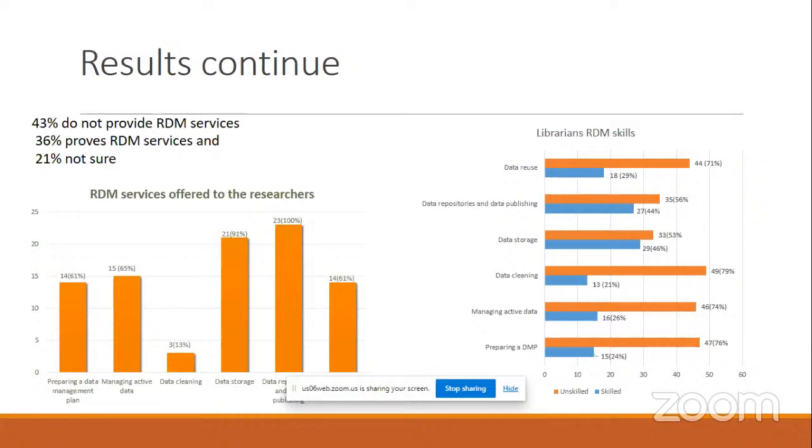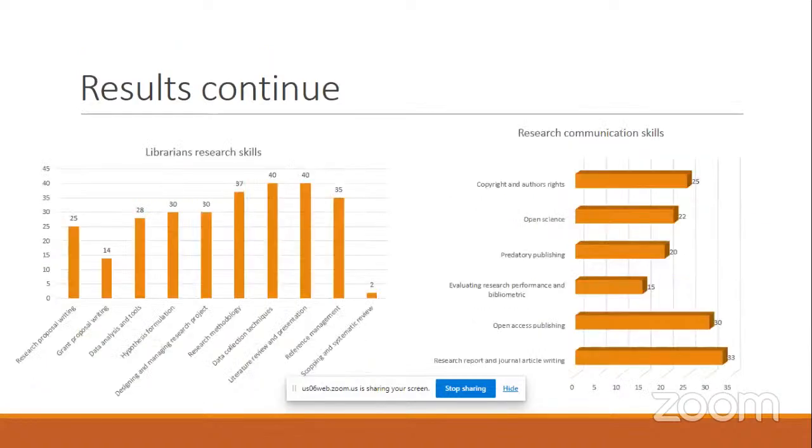Across different areas of research data management, librarians are unskilled, which reflects the need to upskill and reskill librarians in these emerging services.